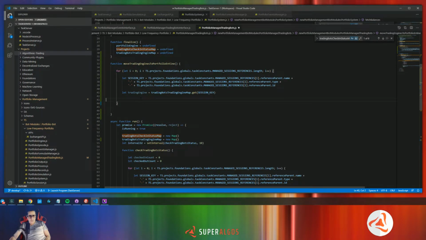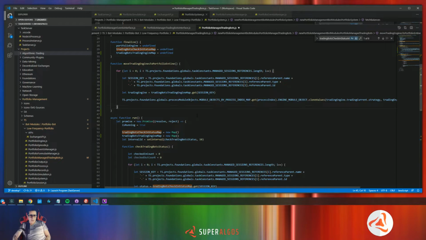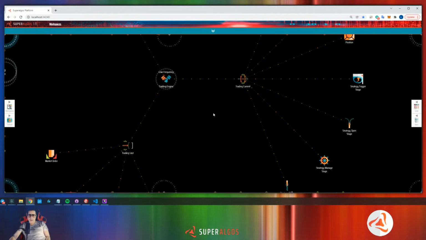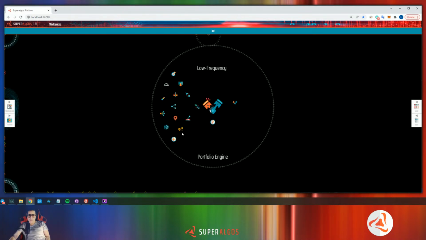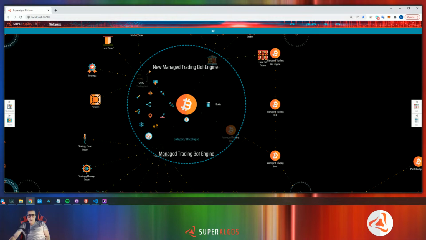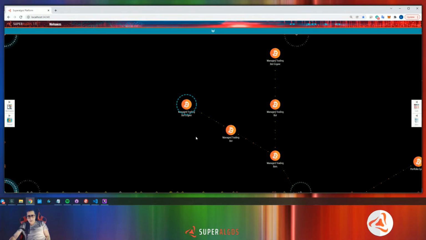Then we will need this, this is going to be the trading engine. Then we will need this guy, which is called manage trading bot engine.